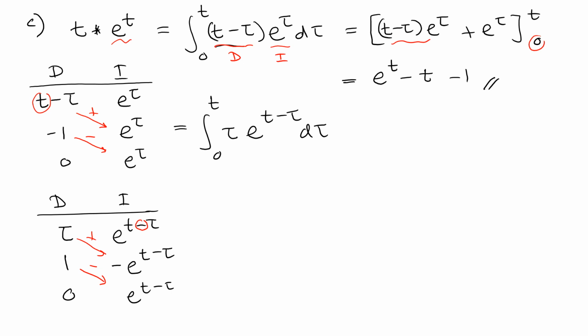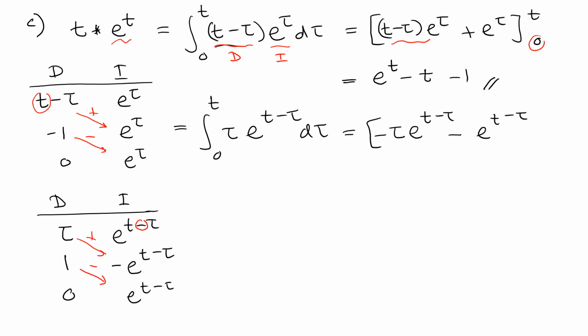So we can write the answer now. According to this one, the first product is negative tau e to the t minus tau, and then the next one is again negative e to the t minus tau.